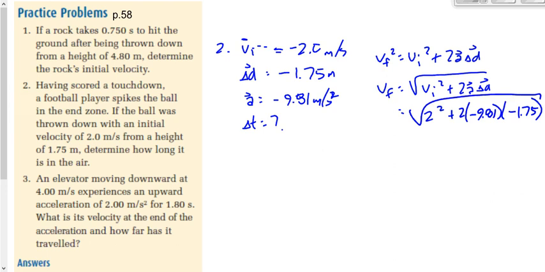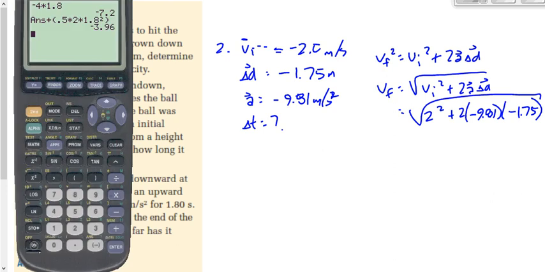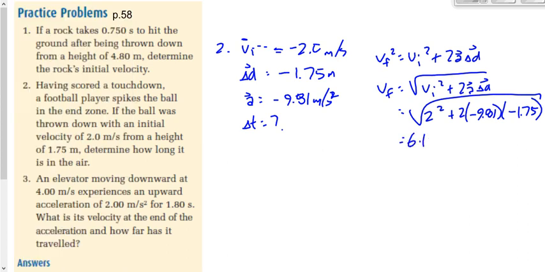That's going to give me the speed, which I'll calculate here right now. 2 squared plus bracket, 2 times -9.81 times -1.75, end the bracket, and then square root it, second function, square root button, second function answer, gives me 6.1915 meters per second.